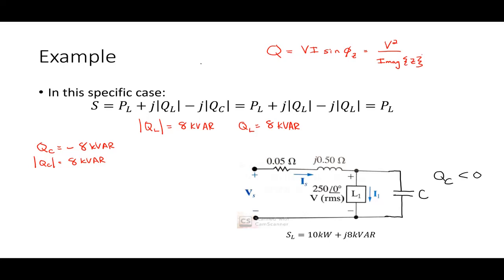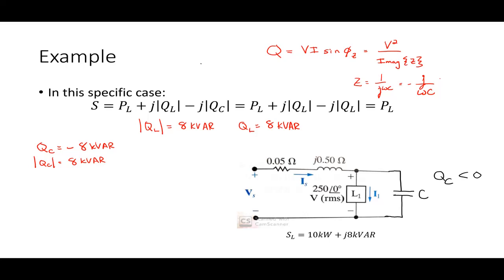Okay? So in this case, because I'm talking about a capacitor, the impedance I'm referring to is 1 over j omega C, or negative j over omega C. Those are two equivalent statements.